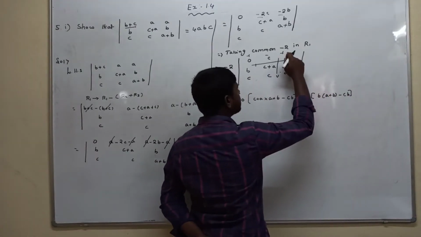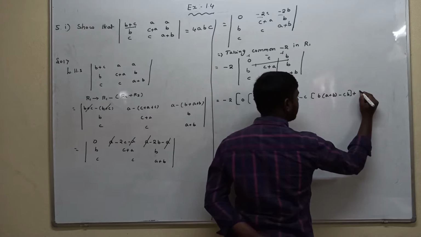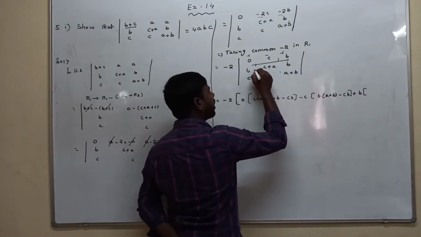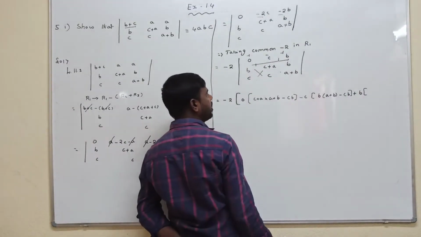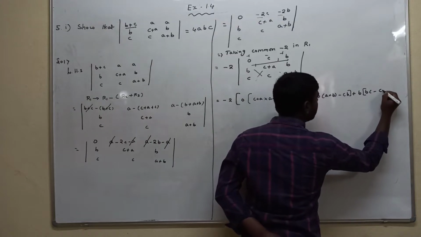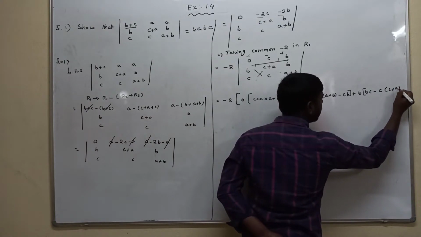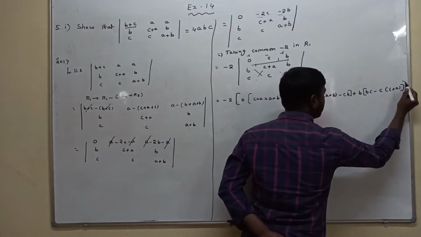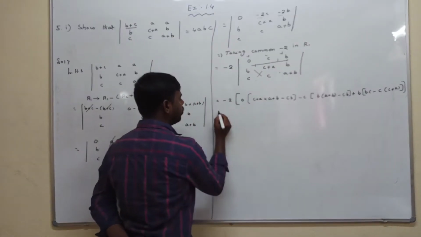Next plus B. B is present in the first row, third column; eliminate and cross multiply the remaining elements: B times C, that is BC, minus C into (C plus A). So after applying the determinant expansion, simplify.